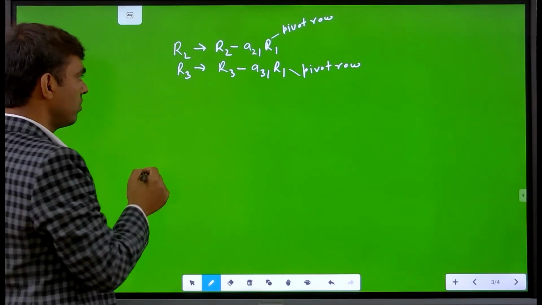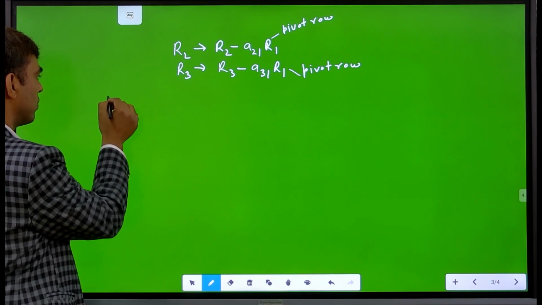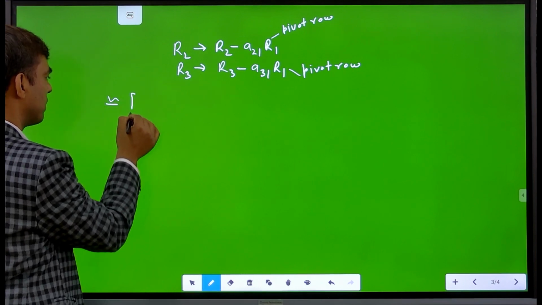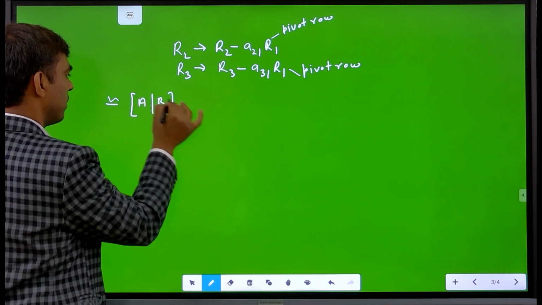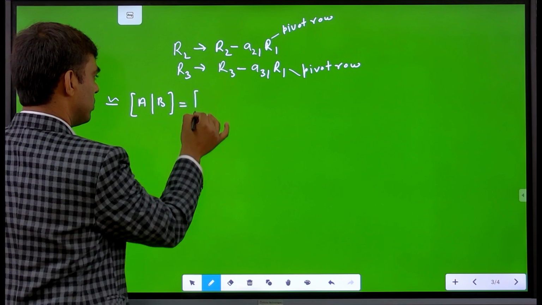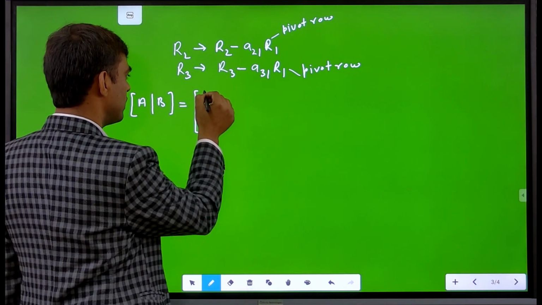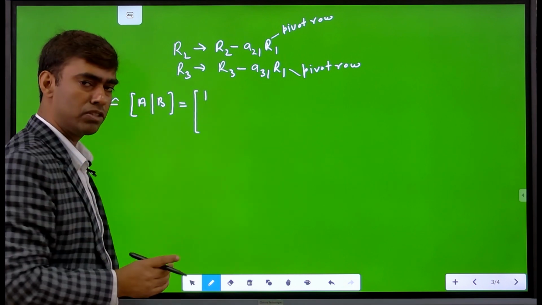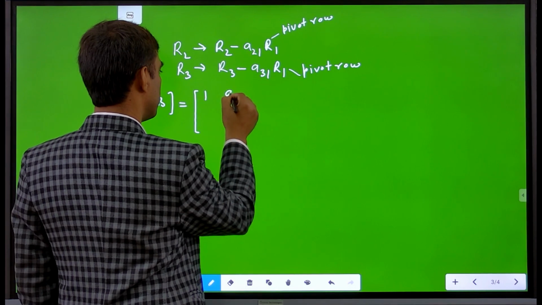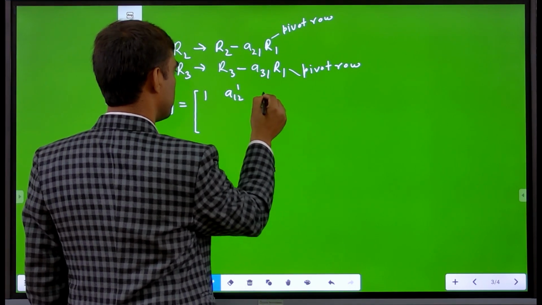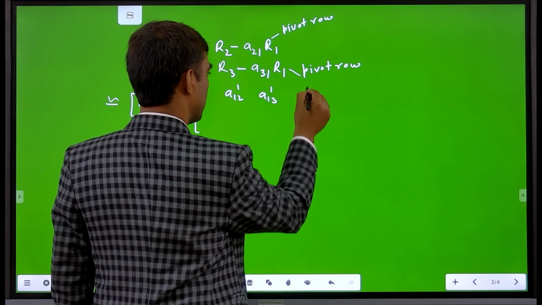Now, what will happen? The reduced augmented matrix becomes A and this one is B. There is no change in the normalized first row: 1, A12 dash, A13 dash, and B1 dash.